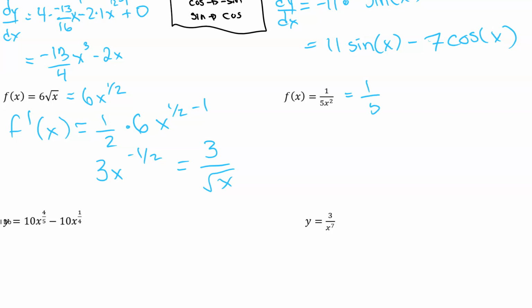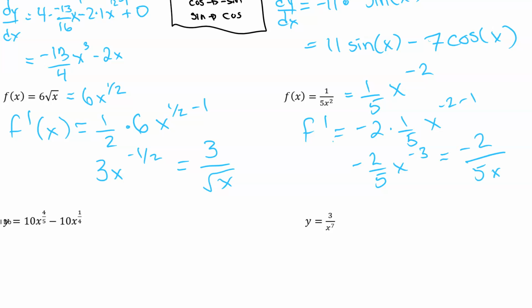Same thing here, bring your x up top using a negative exponent, then you're ready for your derivative. So we've got negative 2/5 x to the negative third, or negative 2 over 5x cubed.